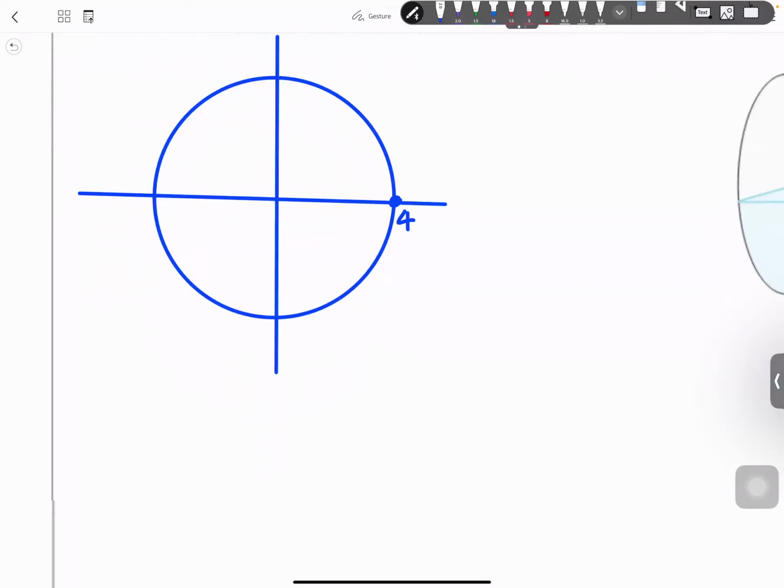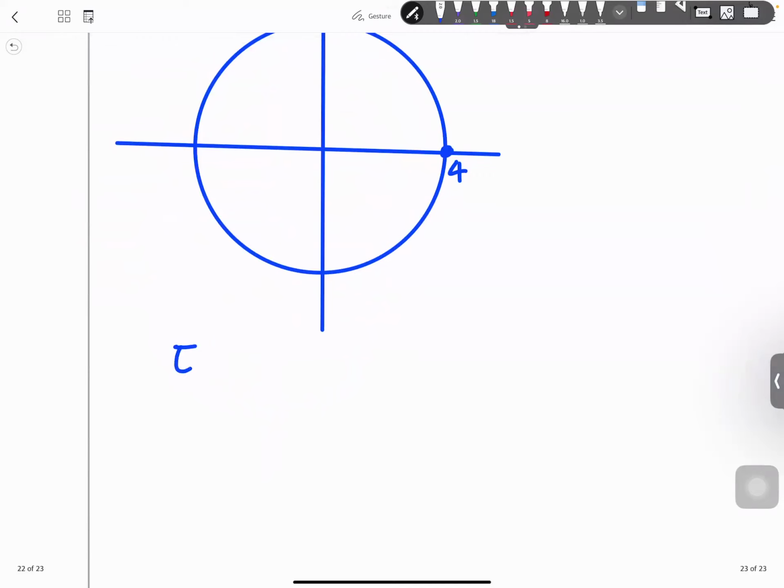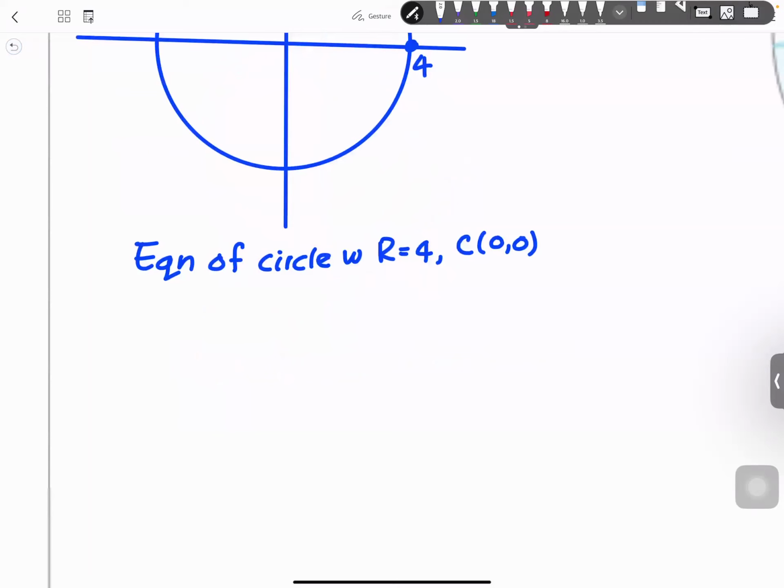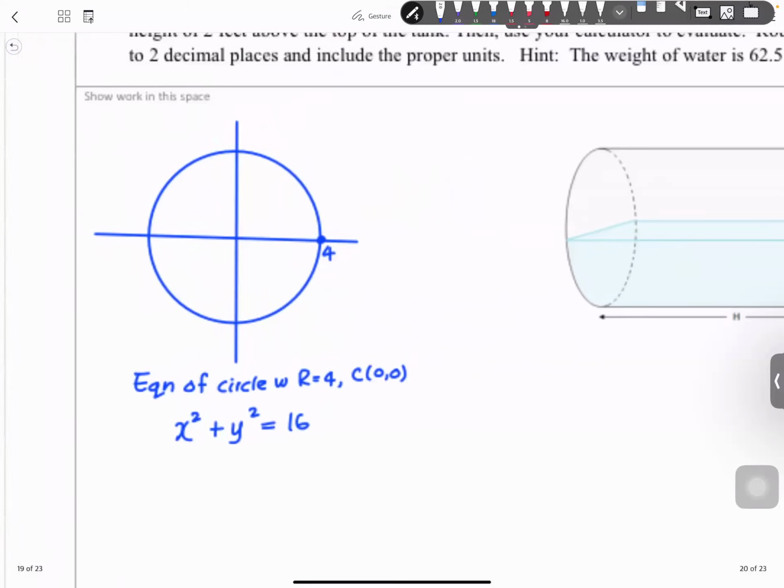So the equation of a circle with radius 4 and center at the point 0, 0 is just going to be x squared plus y squared equals 16. All right, we're going to come back to that in a second.